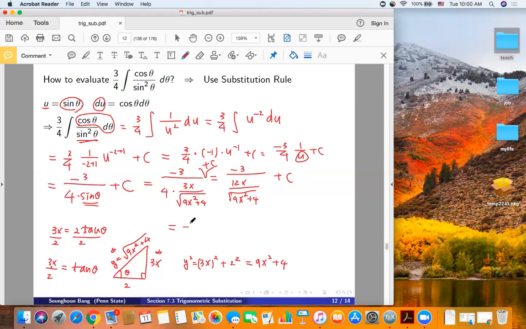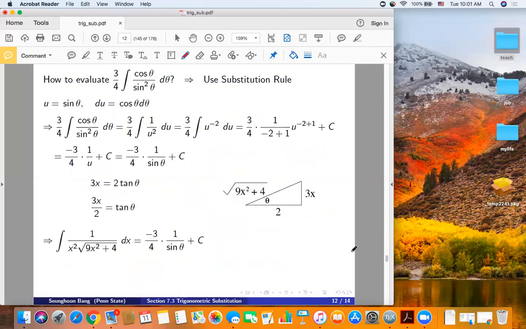The numerator is negative 3 times the reciprocal of the denominator, the square root of 9x squared plus 4 over 12x. The 3 is crossed out, just 4. So the final answer is negative the square root of 9x squared plus 4 over 4x plus c. This is the final answer. This is the whole idea for solving this problem.